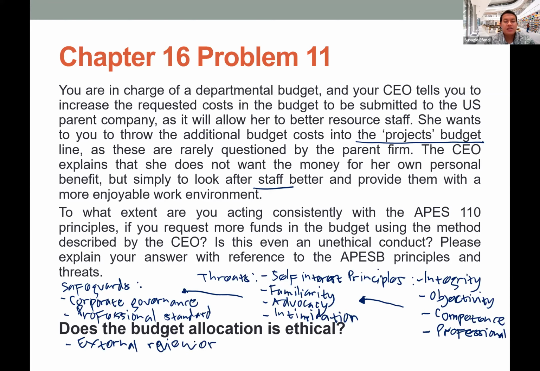So the company will get an independent and more objective perspective of the whole process, and can make necessary improvements. You can add more safeguards, but I think the main safeguards in this case are these three: corporate governance, professional standard, and external reviewers.